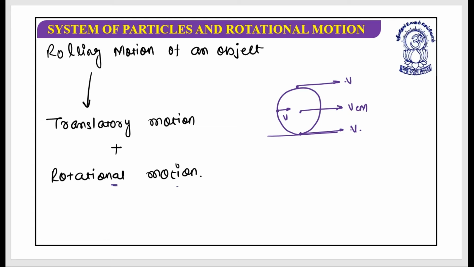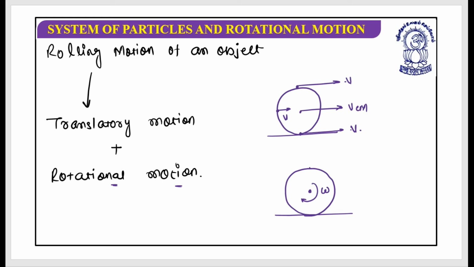When I say that it is in rotational motion, then I must say that it is rotating around its axis of rotation. Let's suppose it has been hinged over here and it is rotating like this with angular speed omega.